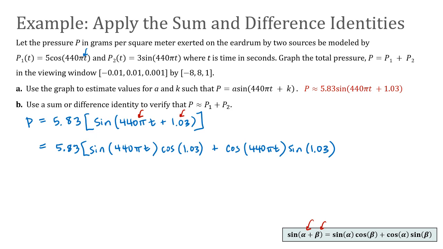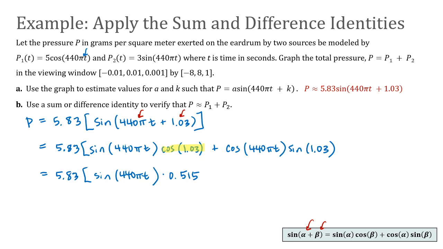Now I'm going to grab my calculator again and do some preliminary work. I don't know what the sine of 440 pi t is because there's that variable t, but I can put the cosine of 1.03 into my calculator. There's no degrees on that 1.03, so I'm in radians. I got approximately 0.515.